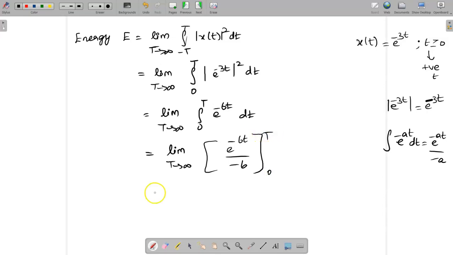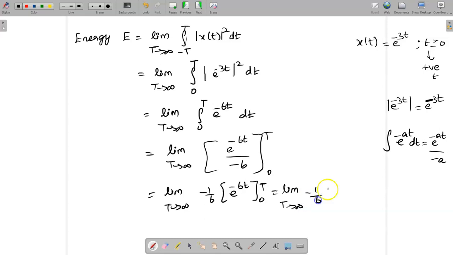If you want, you can take 1 by minus 6 outside, or you can keep it as it is and solve it. Let me take minus 1 by 6 outside, so you have only e power minus 6t. So now limit T tends to infinity minus 1 by 6.